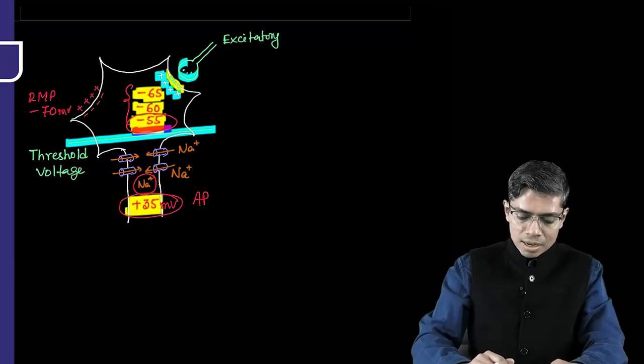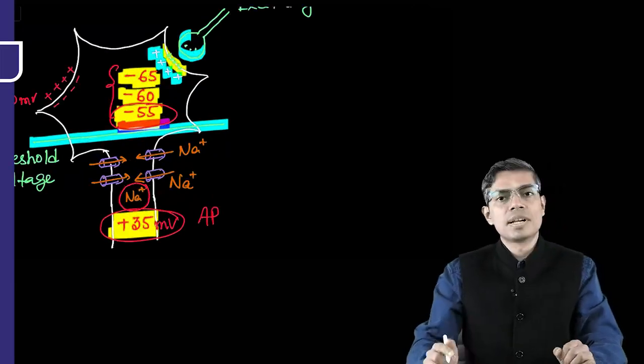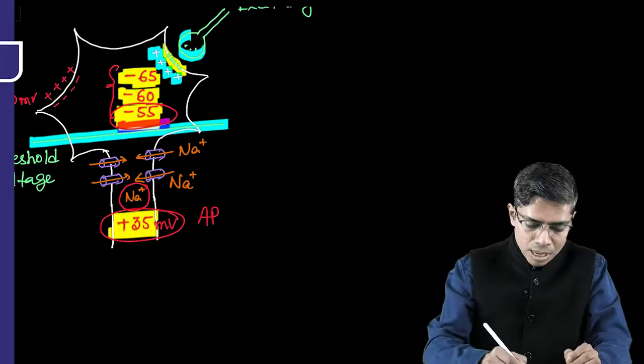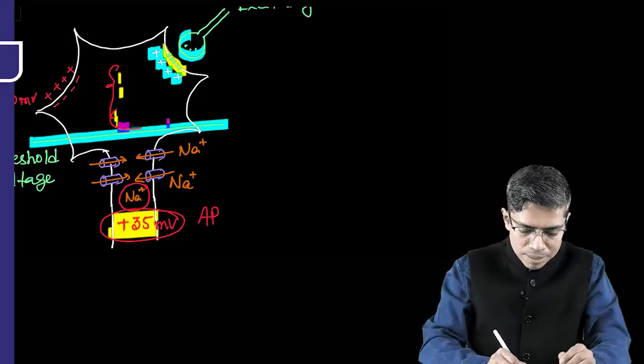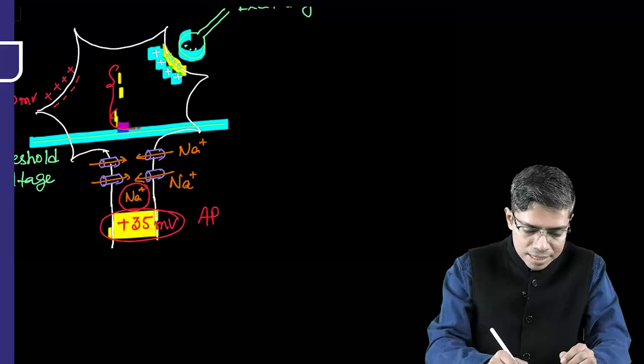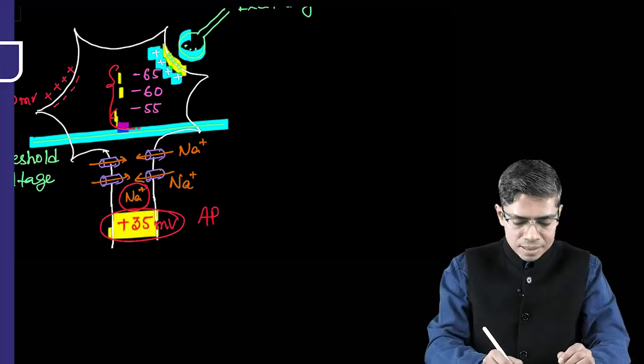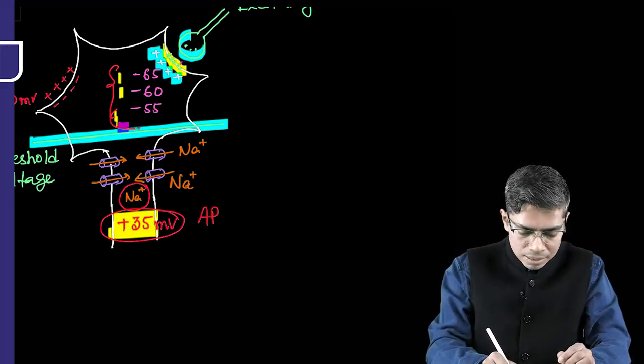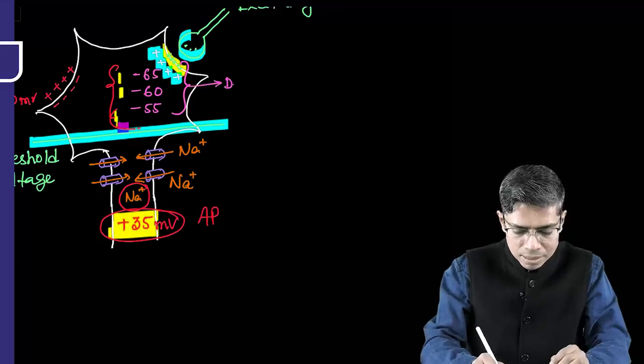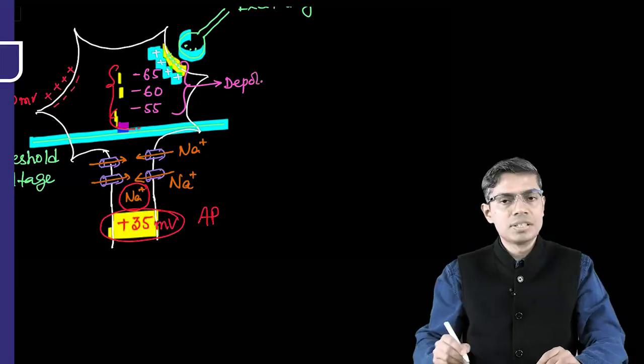So now we are looking at this depolarization. We have already discussed when the membrane voltage is rising from minus 70 to minus 65 to minus 60 towards minus 55 millivolt, this is nothing but a depolarization.